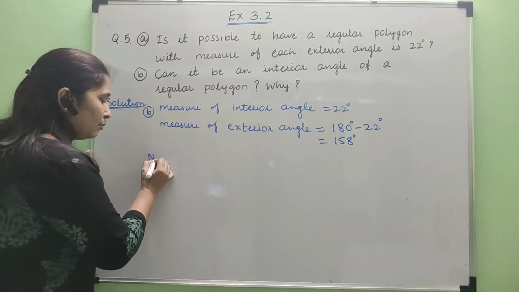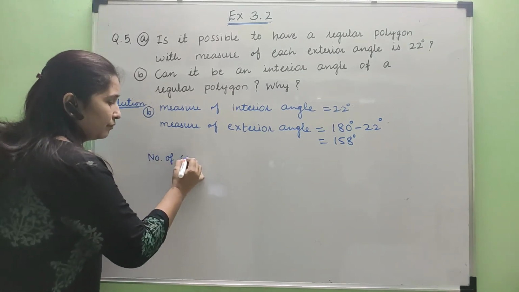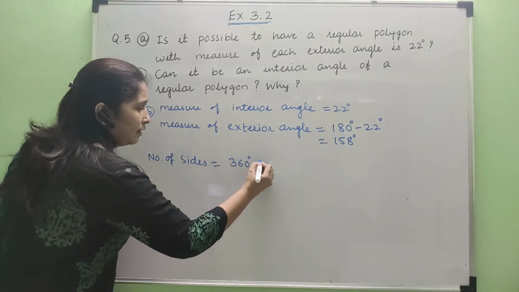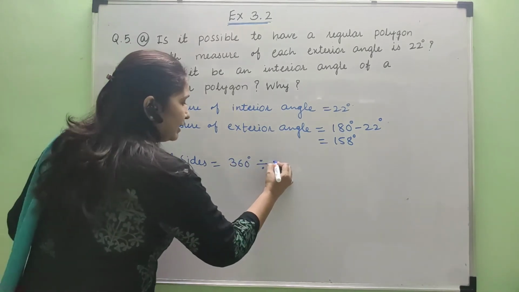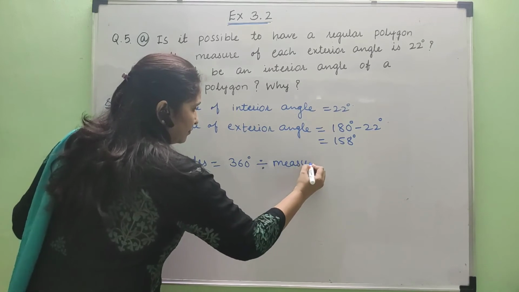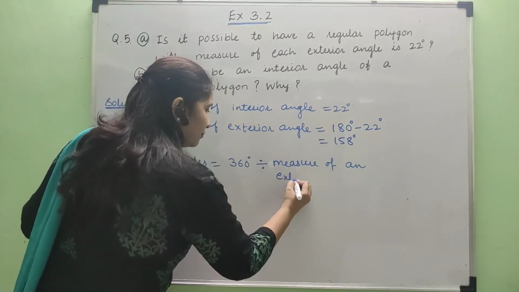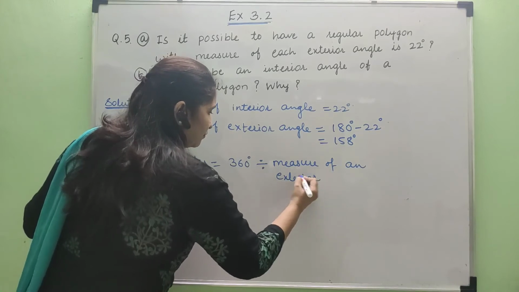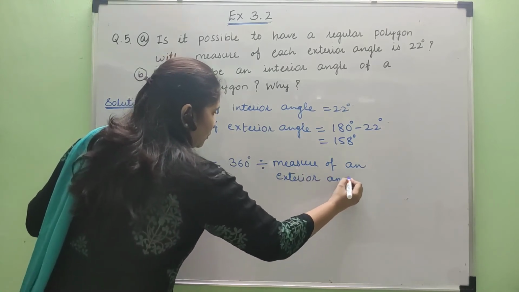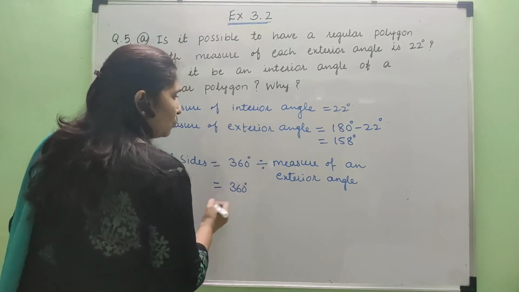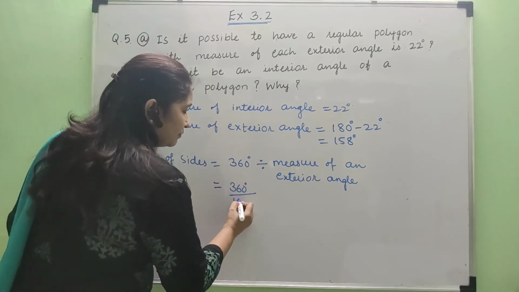So to find the number of sides, write the formula: divide 360 degrees by the measure of an exterior angle. The measure of the exterior angle is 158.